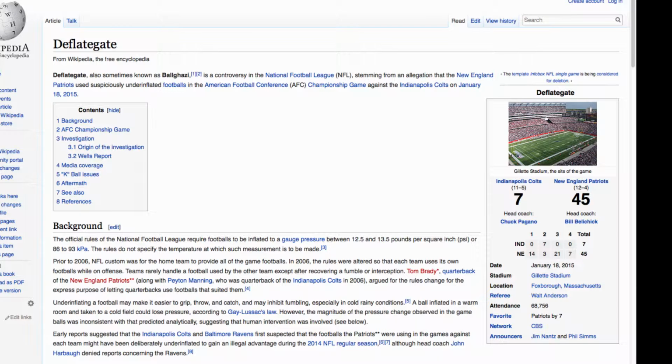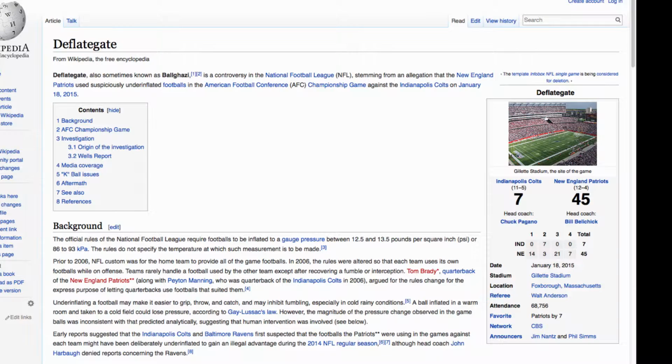The official rules of the National Football League require footballs to be inflated to a gauge pressure between 12.5 and 13.5 pounds per square inch. So that basically means that the minimum inflation level for a football is 12.5 psi.